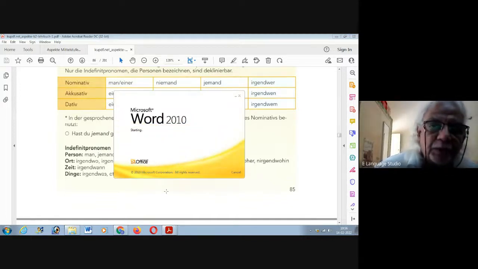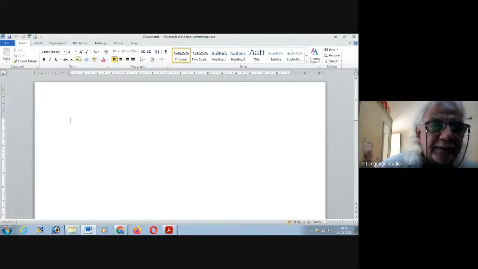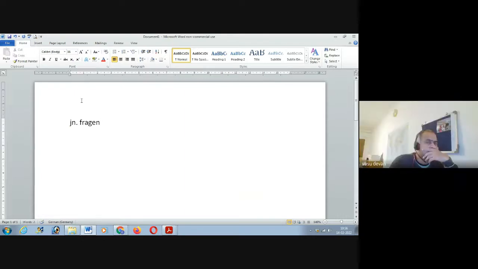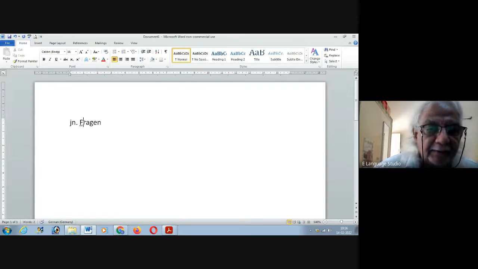Ein Wörterbuch normalerweise benutzt diese Kurzformen auch. So da wird geschrieben jemanden fragen. This will be given there in this manner. Oder jemandem helfen.